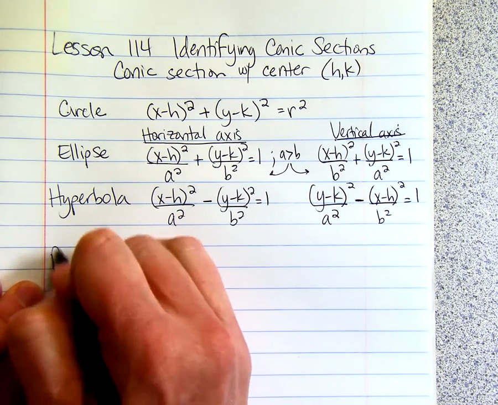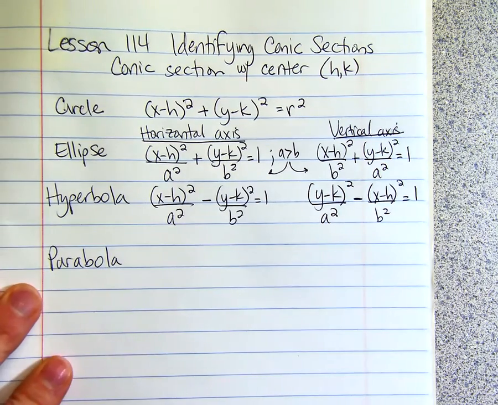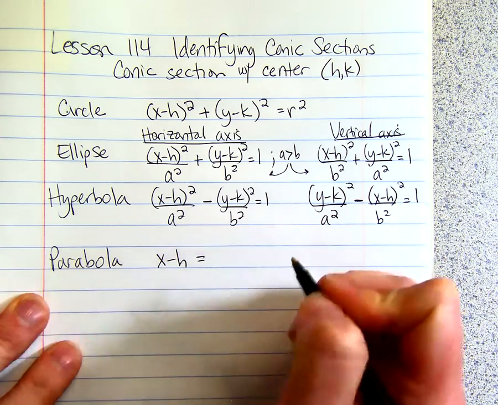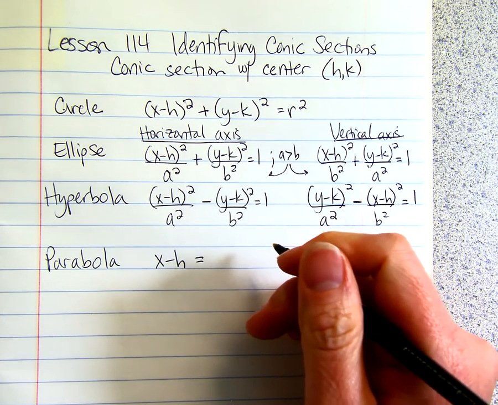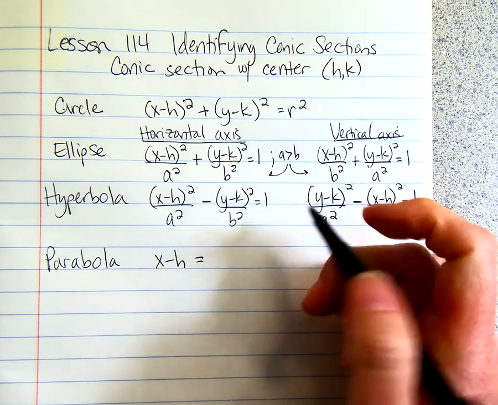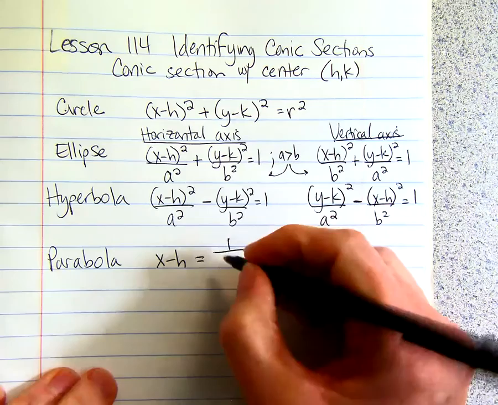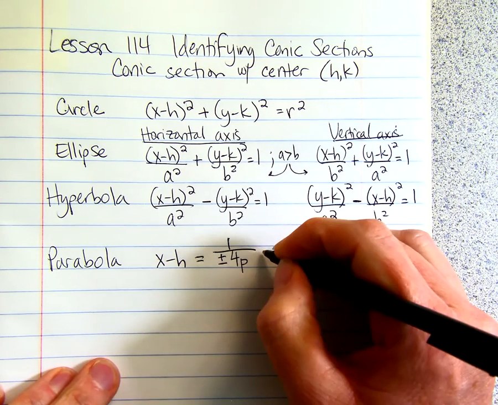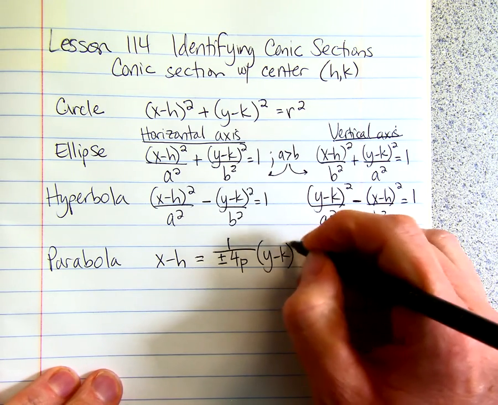Then we have a parabola, which is x minus h equals 1 over plus or minus 4p, parentheses y minus k quantity squared.